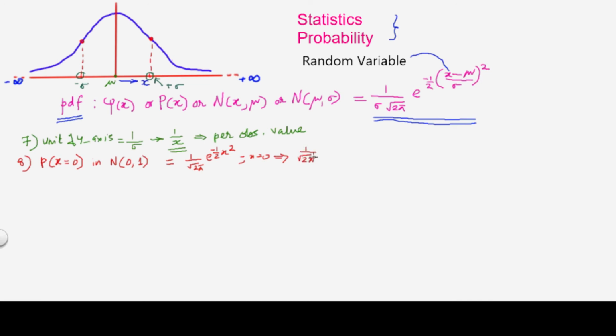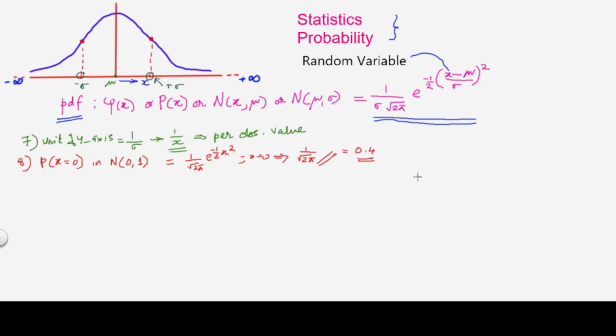Anyway, I have told you in the previous question number 6, y-axis values are not directly probability from the point of view of scientists, engineers or statisticians. But for academic purposes, we can say this value is nothing but 1 by root 2 pi, and this is approximately 0.4. So 0.4 is the answer. That is the probability of x equal to 0 in a standard normal.